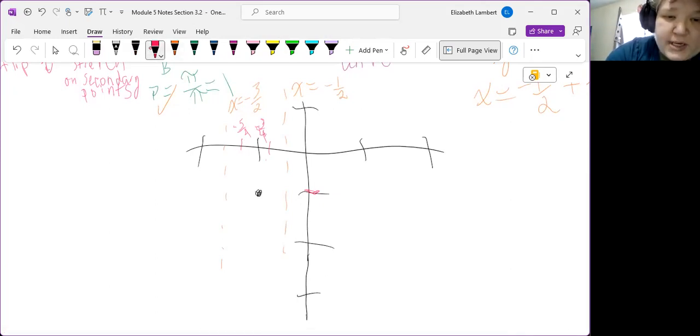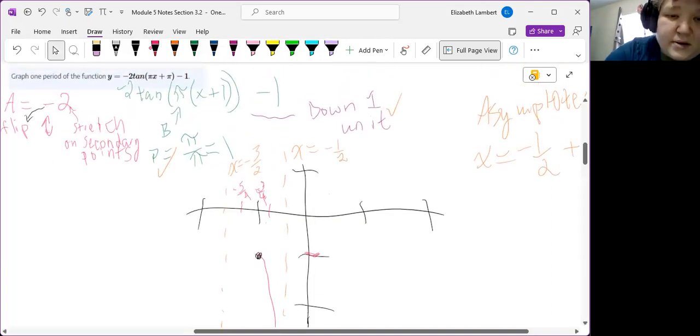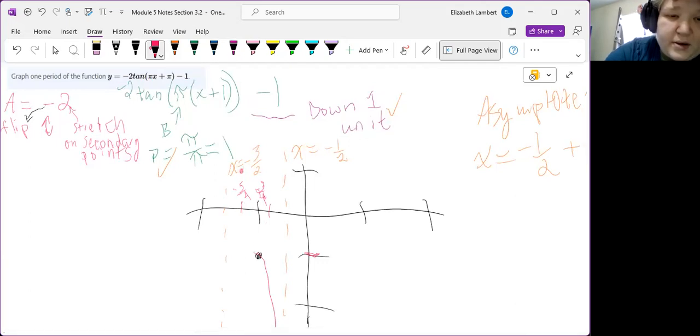So halfway in between and down, way down here. And then up here, we'll end up with a point way up here. And the graph goes through like that. So I could repeat this.